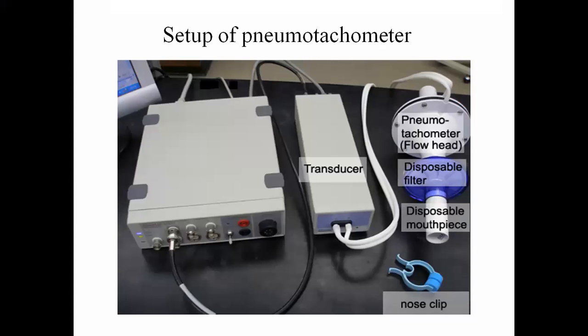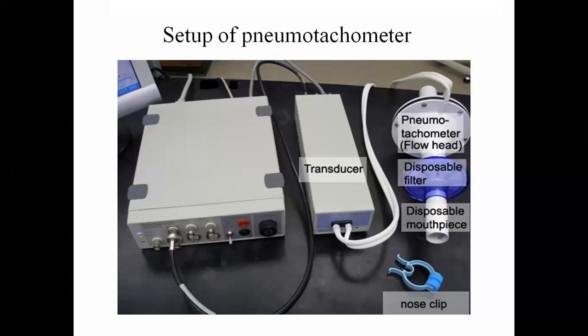You can easily understand the setup of the pneumotachometer. Here this is the pneumotachometer. This is the flow head, and this is the disposable filter and disposable mouthpiece, and this is the nose clip. You can see that all these measurements are done by closing the nose.